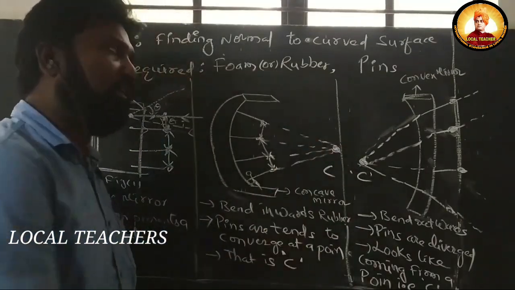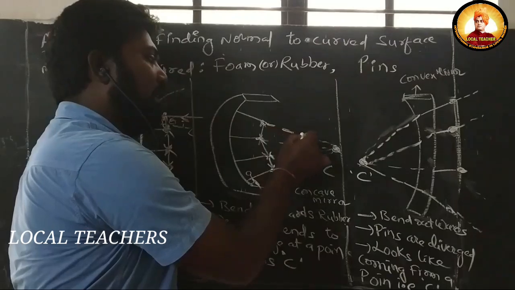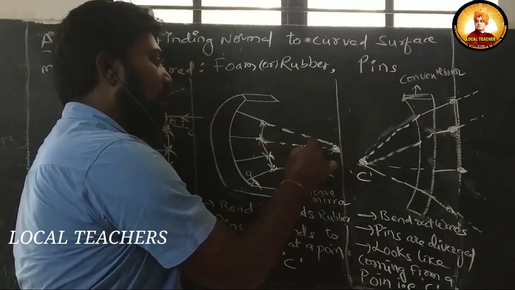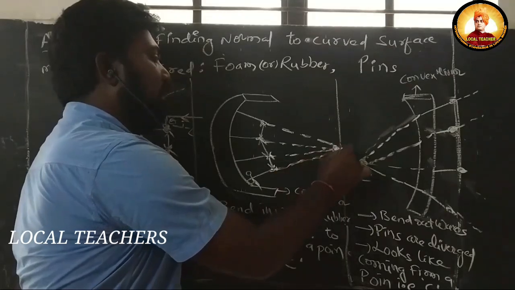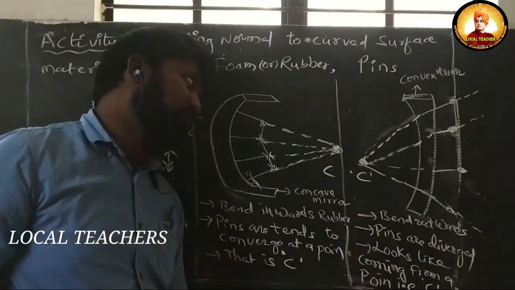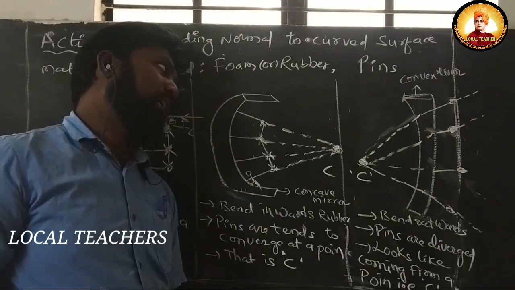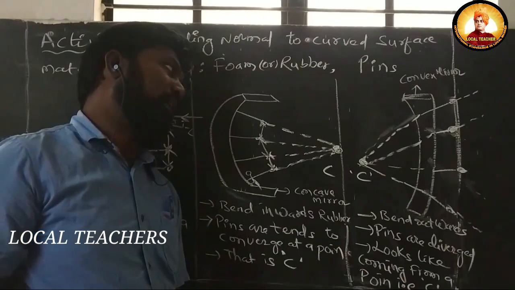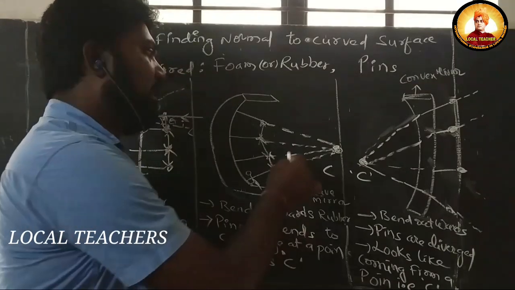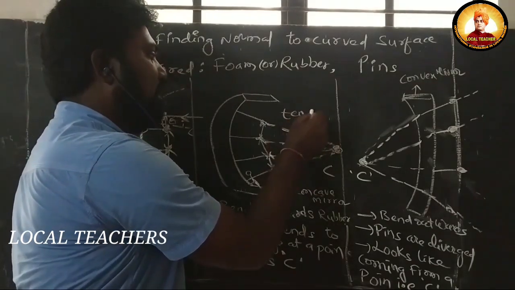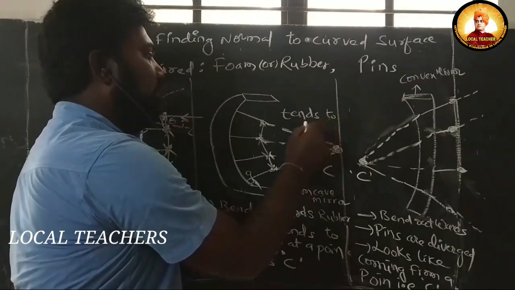How does it appear to us? If we extend these pin heads, it seems all the heads go and meet at one place. So when we see these heads in this manner, we feel that they will meet at a common point. Here we are saying that this tends to converge.